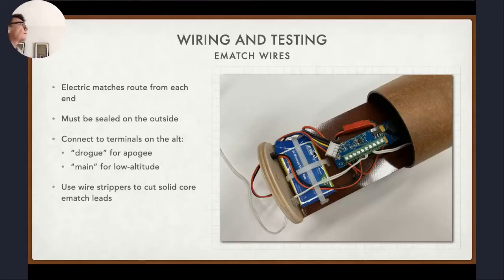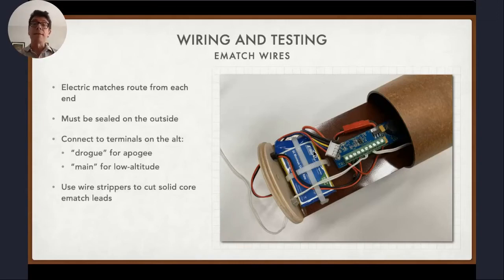I have a good video that I'll refer to at the end, but be careful with electronic match wires because they're generally solid core, which means they're very easy to damage. With stranded wires, you can pretty much use anything you want, including diagonal cutters to strip. But when you're dealing with solid core wires, it's really important to strip them with proper wire strippers because otherwise you can nick the single copper wire.